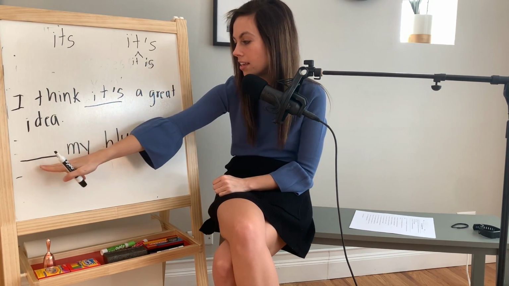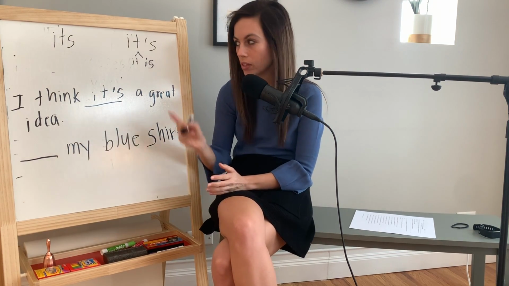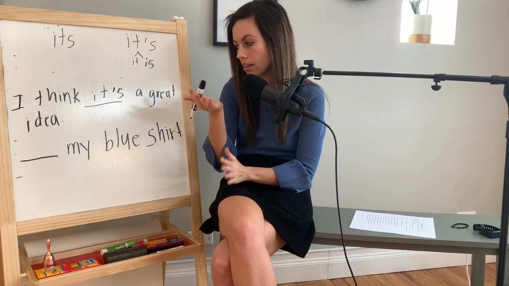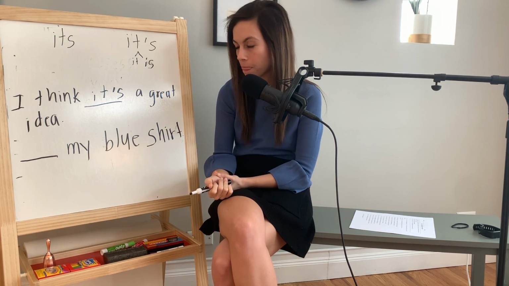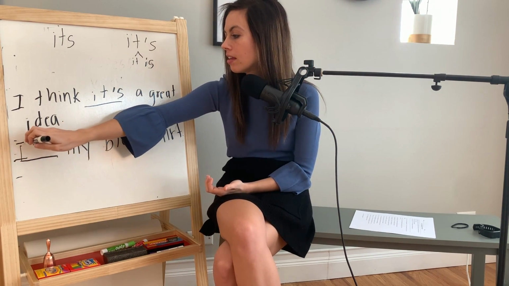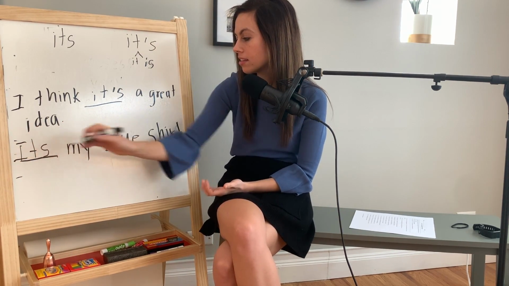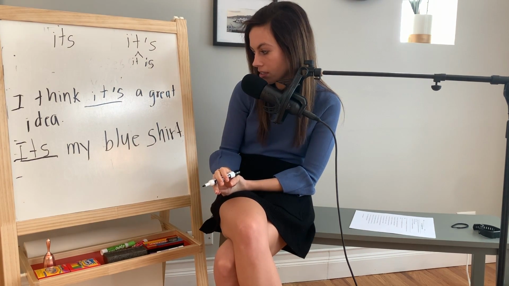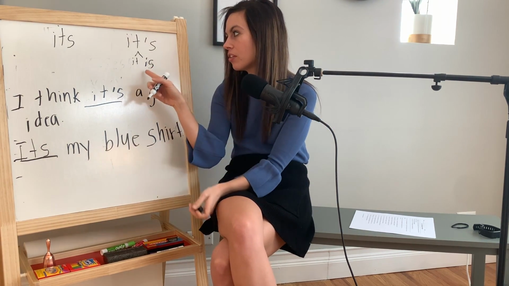So could I say it is my blue shirt or would I say its my blue shirt? So even though this sounds right, I want you to think about it. Is it showing ownership of something or possession? Yes, it is. So it would be it's my blue shirt. Even though this one still, I think, would make sense as well.